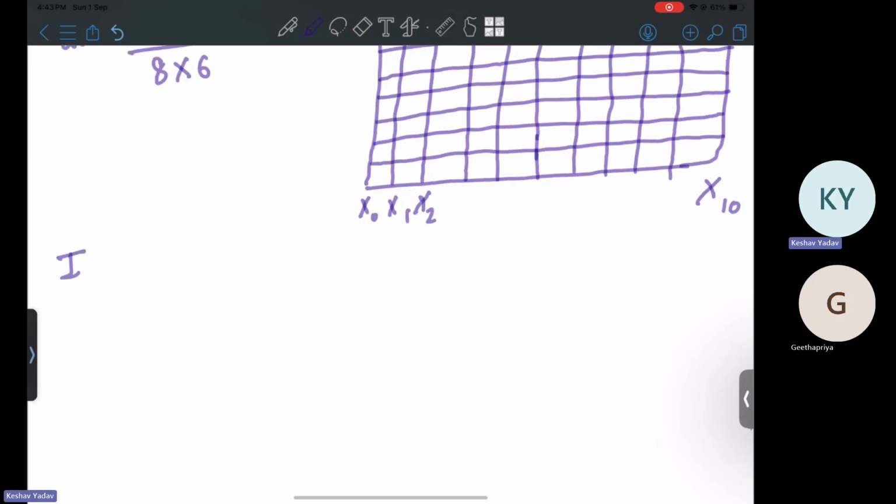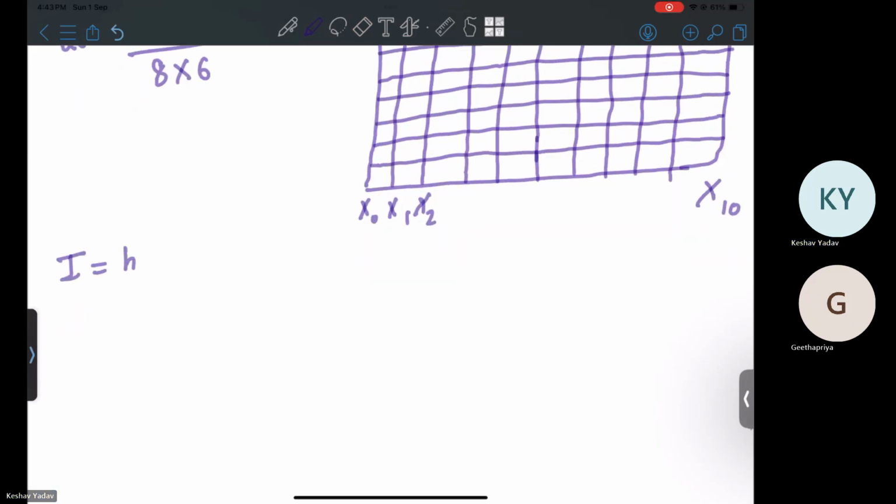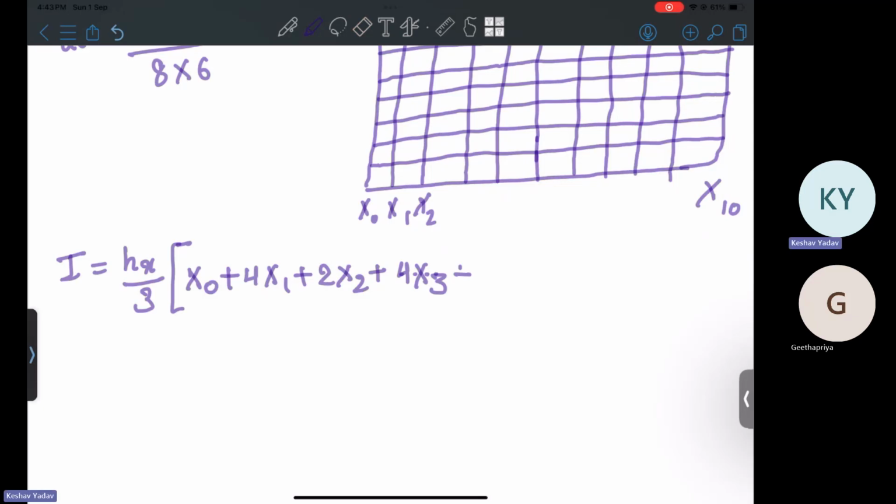So it will be hx by 3 times x0 plus 4 times x1 plus 2 times x2 plus dot dot dot, 4 times x3 plus 2 times x4 dot dot dot x10. Okay, this is the formula we got.